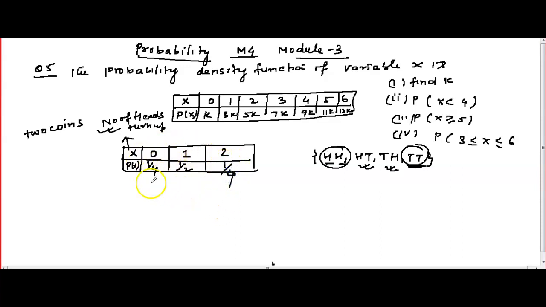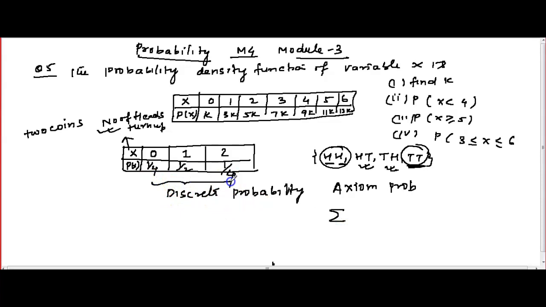This is called a probability density function, also called a discrete probability. There are two types of probability, discrete and continuous, but this is the case of discrete probability. Now the axiom property of probability is that the summation of all p of xi should be 1.